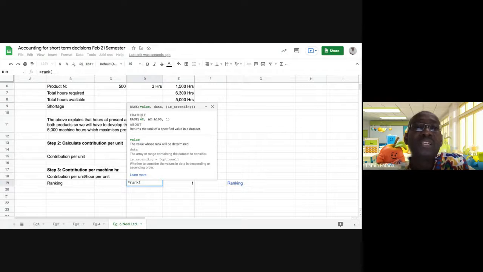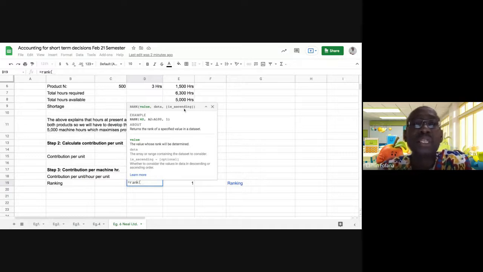So you say rank, the first part of the formula is the value, the value to rank. The second part is the data set. And the third part is, do you want it in ascending order or in descending order? For descending order it is 0, for ascending order it is 1. And if you don't put 0 or 1, it doesn't matter.